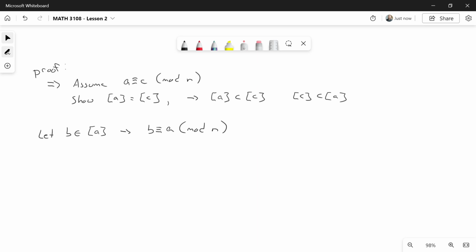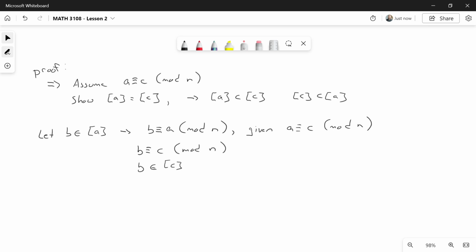So using the assumption that we have, so we're given that A is congruent to C mod n. So if B is congruent to A and A is congruent to C, then the transitive property says that B is congruent to C mod n, which of course means that B is an element inside of the congruence class of C by definition.